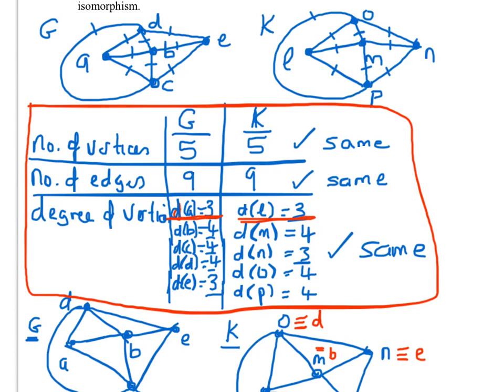I would do out this table, and I would check the number of vertices, number of edges, and the degrees of each vertex in the graph, and check if they are the same for both graphs. If they're not the same for both graphs, then automatically you can conclude that the graphs are not isomorphic.